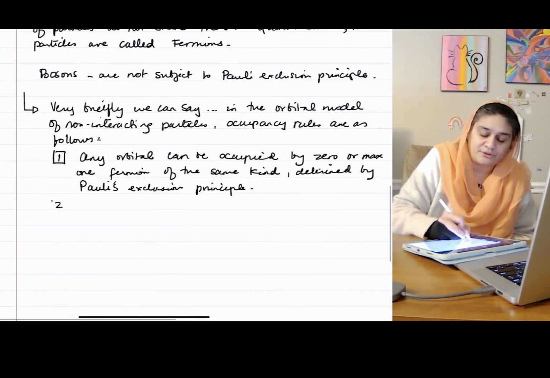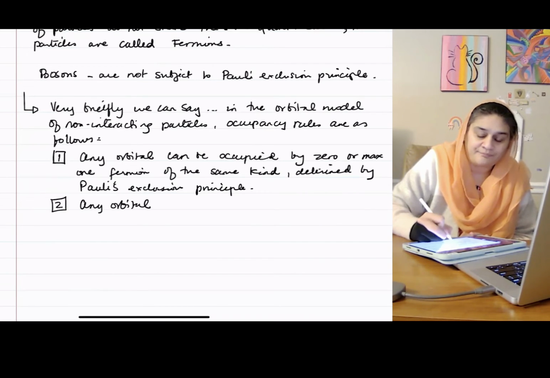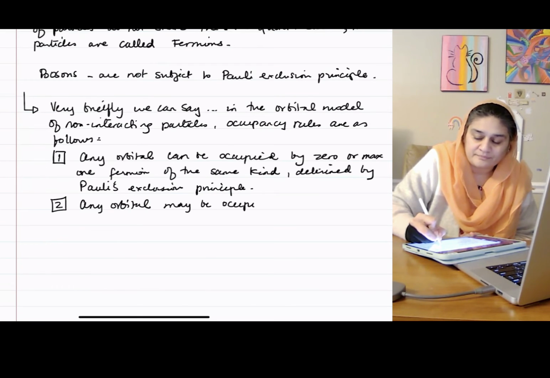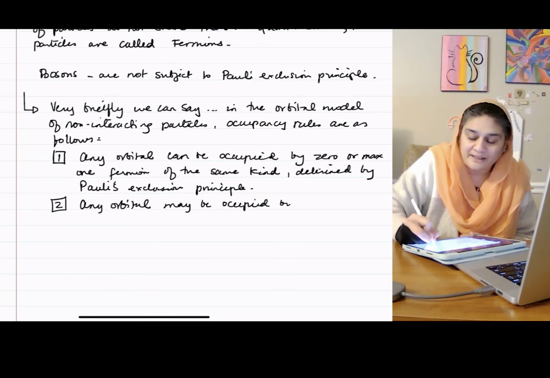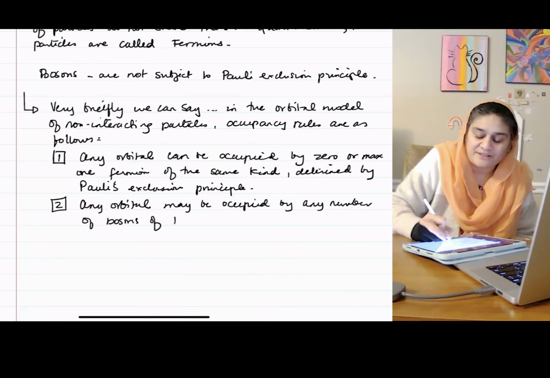And number two, any orbital may be occupied by any number of bosons of the same kind.